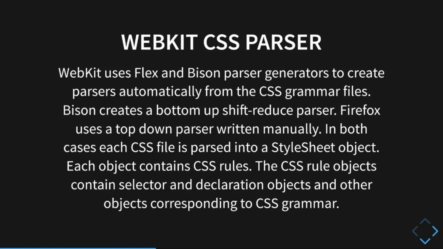WebKit uses Flex and Bison parser generators to create parsers automatically from the CSS grammar files. Bison creates a bottom-up shift-reduce parser. Firefox uses a top-down parser written manually. In both cases, each CSS file is parsed into a style sheet object. Each object contains CSS rules. The CSS rule objects contain selector and declaration objects and other objects corresponding to the CSS grammar.